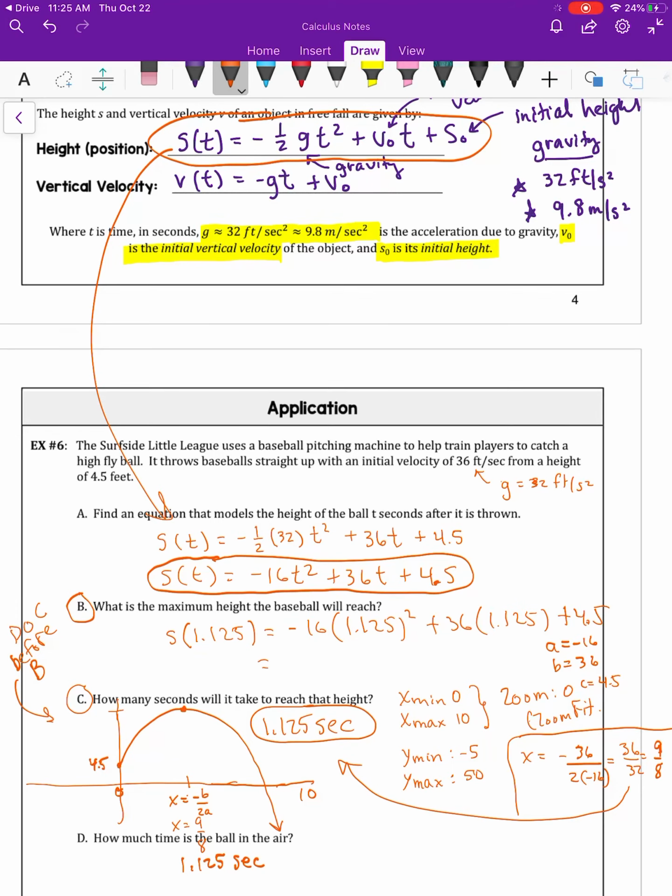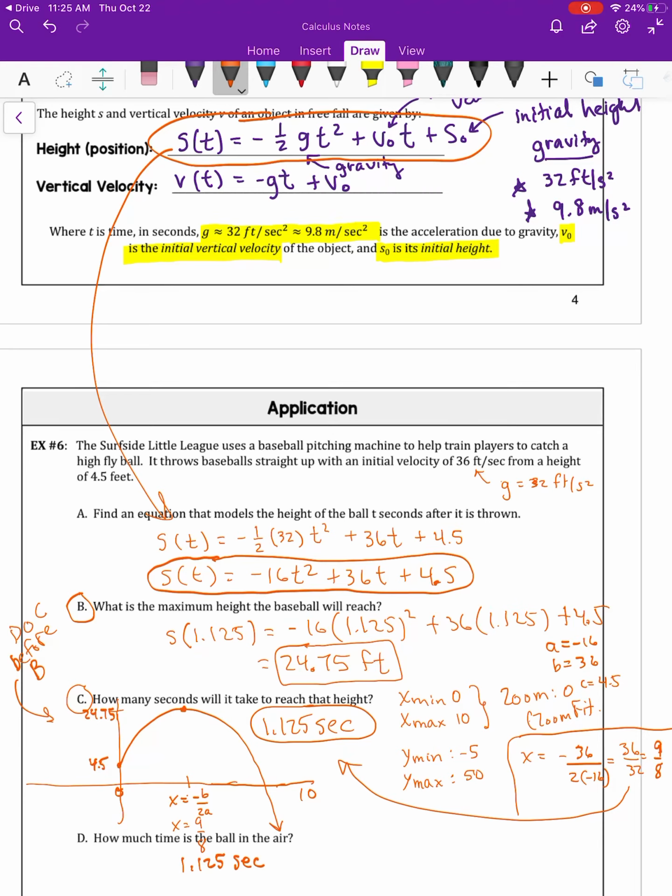And when we put that in our calculator, we're going to get 24.75 feet. So the maximum height that the baseball will reach, that means that this up here is 24.75, because that is the highest point there.